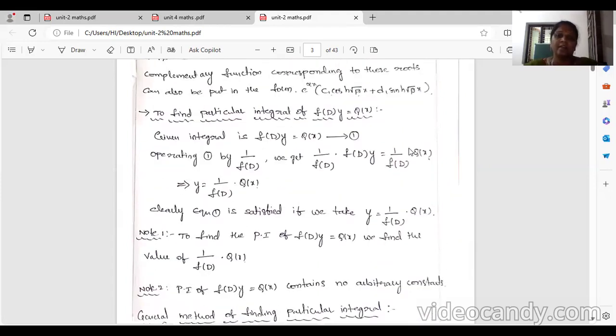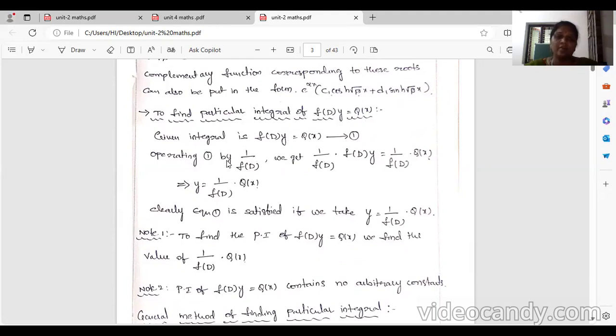Then particular integrals. To find the particular integral of f(D) y = Q(x), here the right hand side function is Q(x). Given the equation f(D) y = Q(x), this is equation 1.